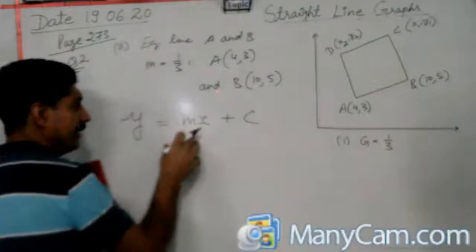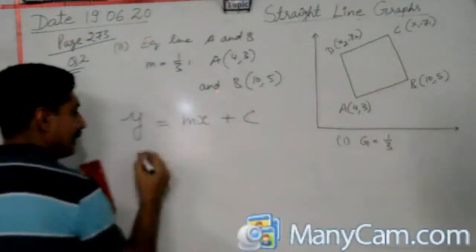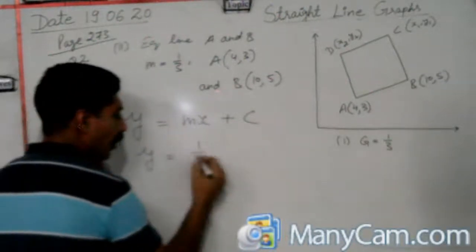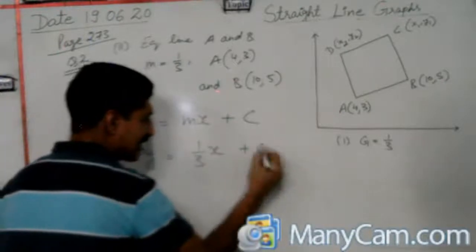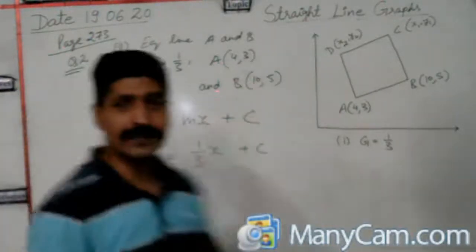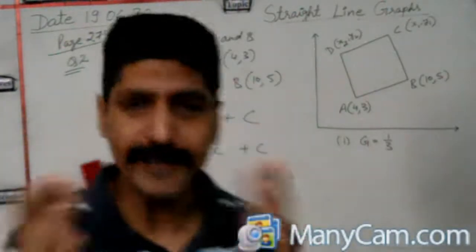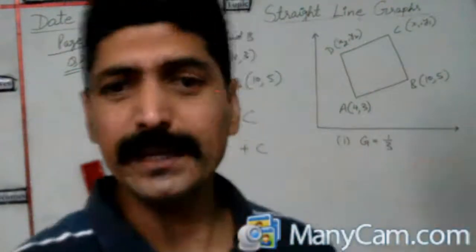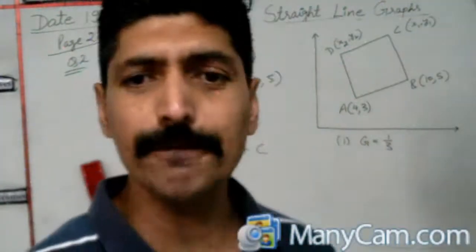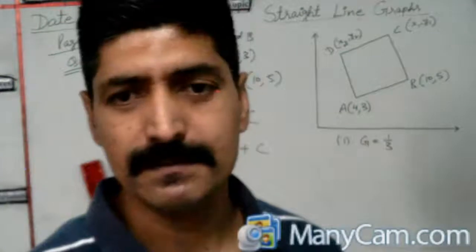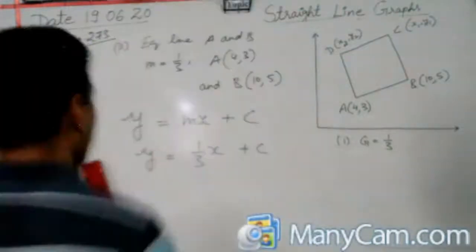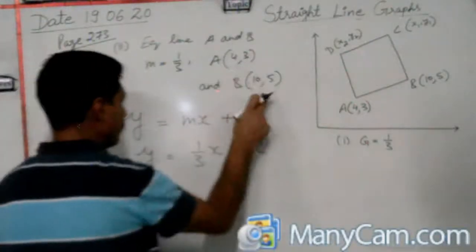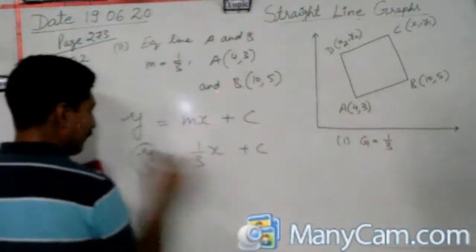So here the slope is given, y equals 1/3 x plus c, and from any point, either point A or point B, you can substitute the value of coordinates.